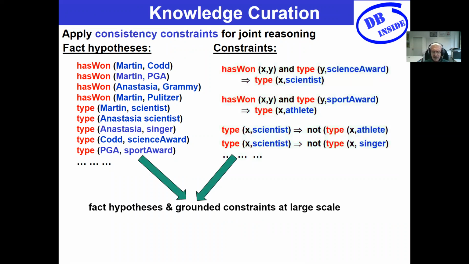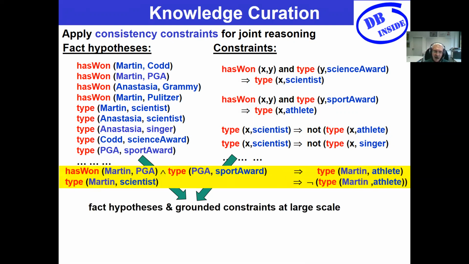So now what we do is we combine these two sides. So the fact hypotheses are plugged into the constraints, and this produces a large set of propositional logical formulas, so-called clauses, no variables anymore. In the application setting for us in knowledge curation, we would consider millions of such clauses. This is called grounding. You see examples here.